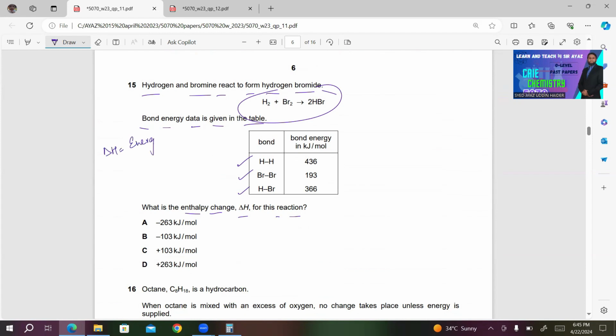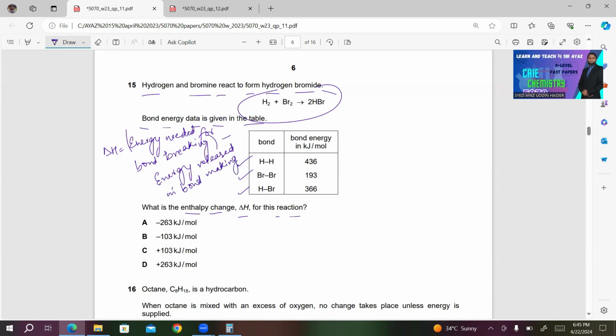Energy needed for bond breaking minus energy released in bond making.